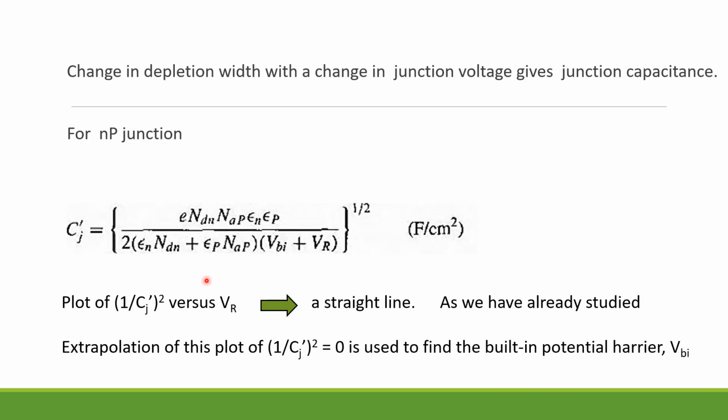As in the case of the homojunction, a change in depletion width with a change in junction voltage gives the junction capacitance.